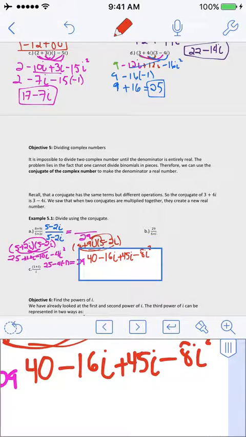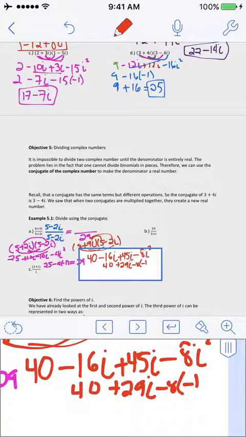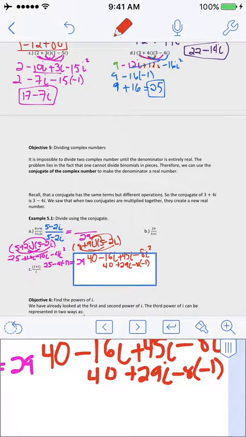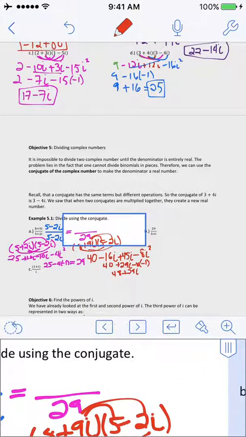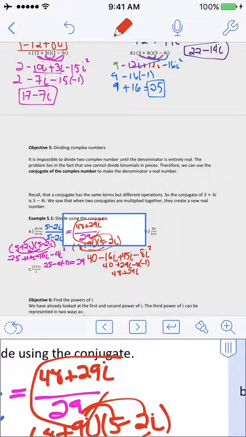This one's not going to cancel so much. So 45 minus 16, I want to say 29, yeah, 29. So plus 29i, minus 18 times negative 1, when you convert the i squared. So we get 58 plus 29i. 58 plus 29i is our final answer.